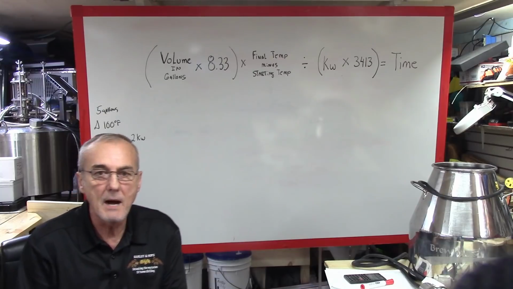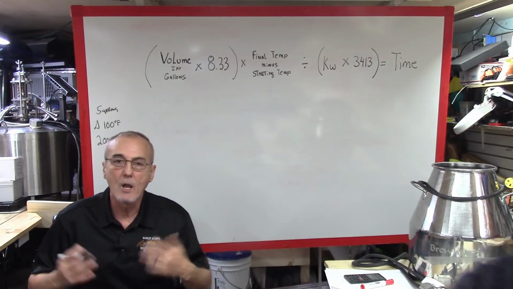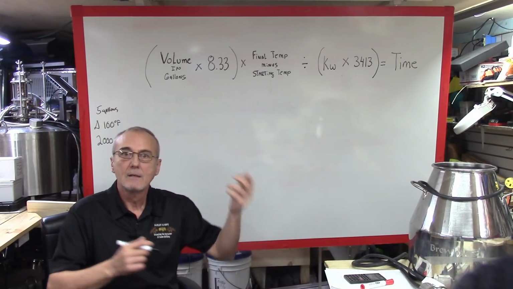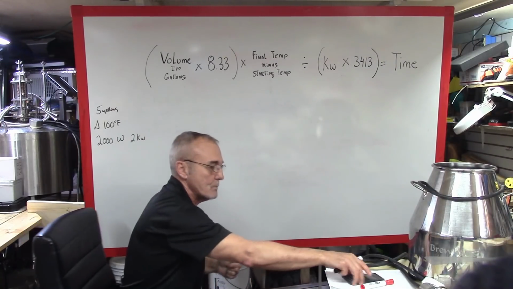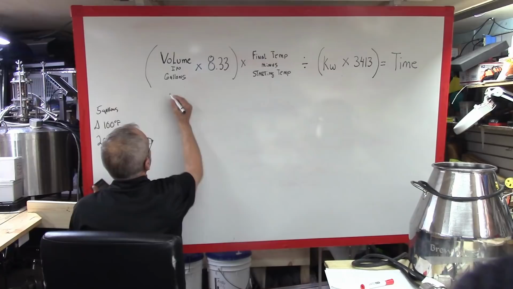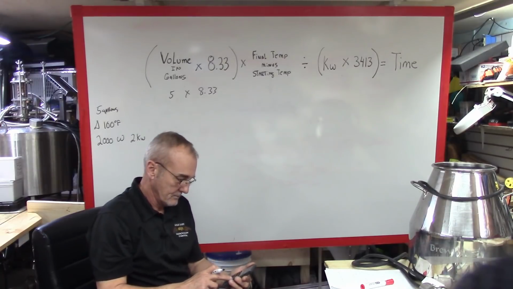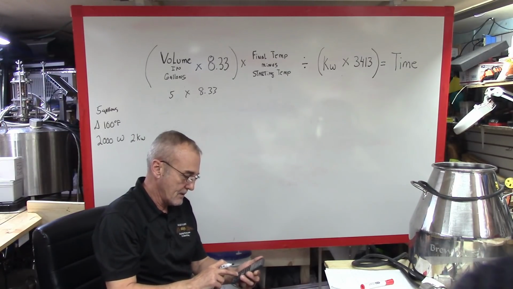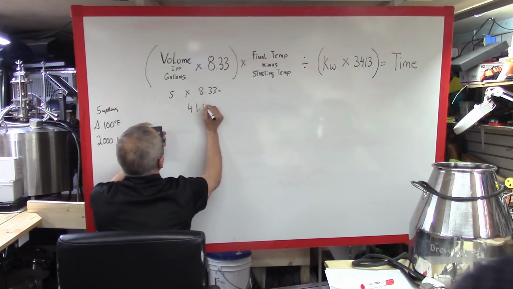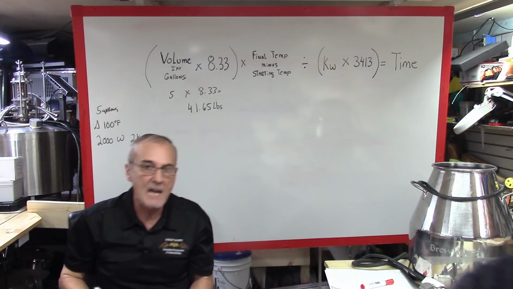Now we keep those things in mind. All we have to do is just place these into these formulas, and we can work out how much time it should take in order to heat that. Let's do it together. You ready? Okay, volume in gallons is 5. 5 times 8.33 equals 41.65 pounds.